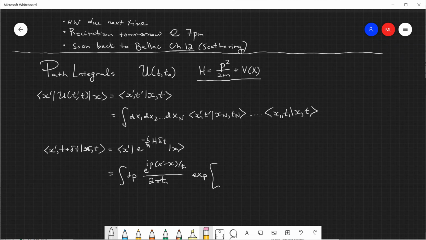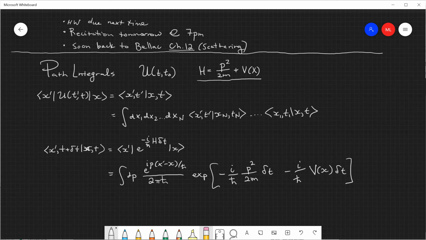And since we only care about the solution to leading order in delta t, we can just re-exponentiate the delta t. It doesn't change the approximation to linear order in delta t. And so we were left with the re-exponentiated Taylor series that looks like this. And now it's V of x, little x, the actual variable, not the operator. So we were left with this kind of thing.